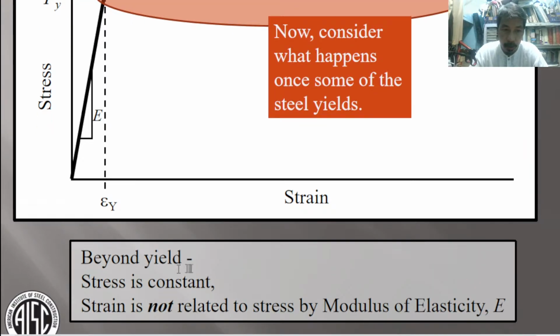Beyond yield, stress is constant. Strain is not related to stress by modulus of elasticity anymore, because here there's no relationship. Increasing strain, but our stress is now constant.